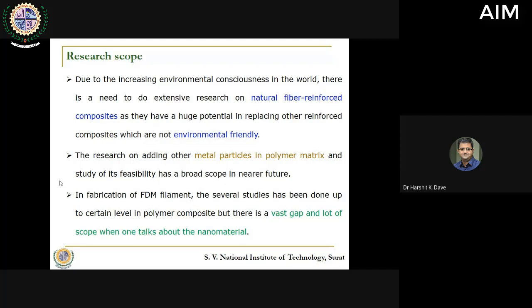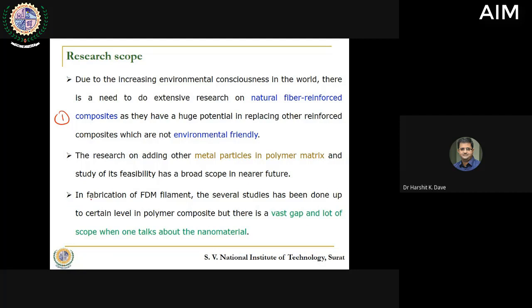However, there is a potential: if to some extent we are able to reduce the man-made fibers and increase the involvement of natural fibers, then we may be able to create better composites which may be environmentally friendly. So that is one aspect of the scope of work in these types of polymer composites.